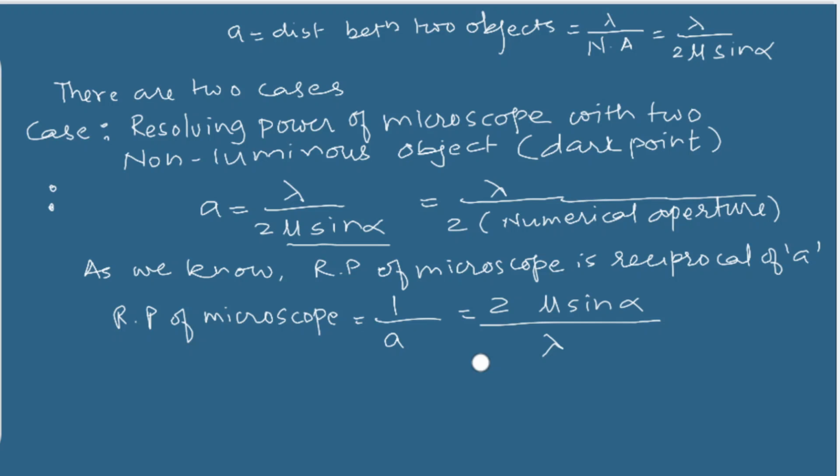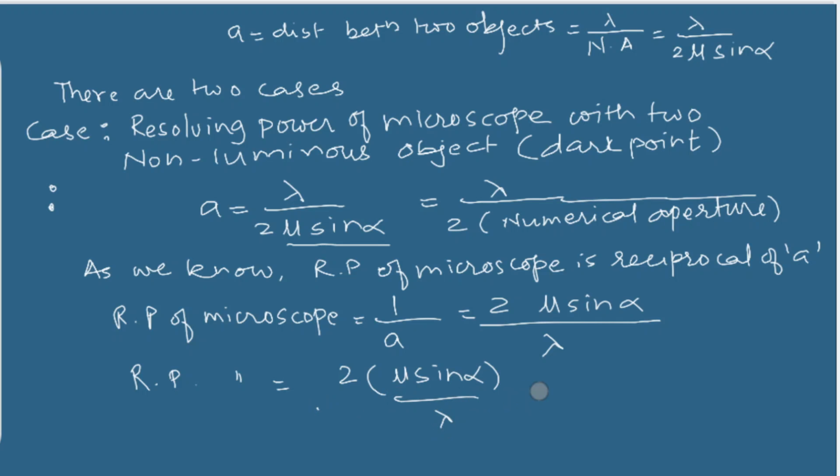So at the end, if non-luminous objects are present, then the resolving power of microscope is given as 2 into refractive index into sine alpha, which is the numerical aperture, divided by lambda.